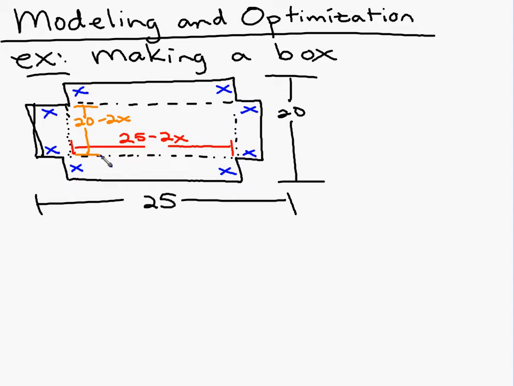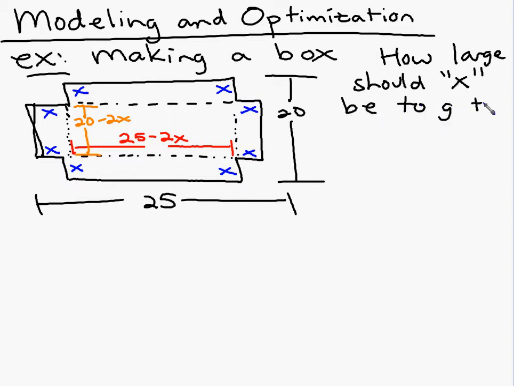All right. Now, here's our question. What do they want us to find? I'll write that over here. How large should x be, or my square, to get the maximum volume?